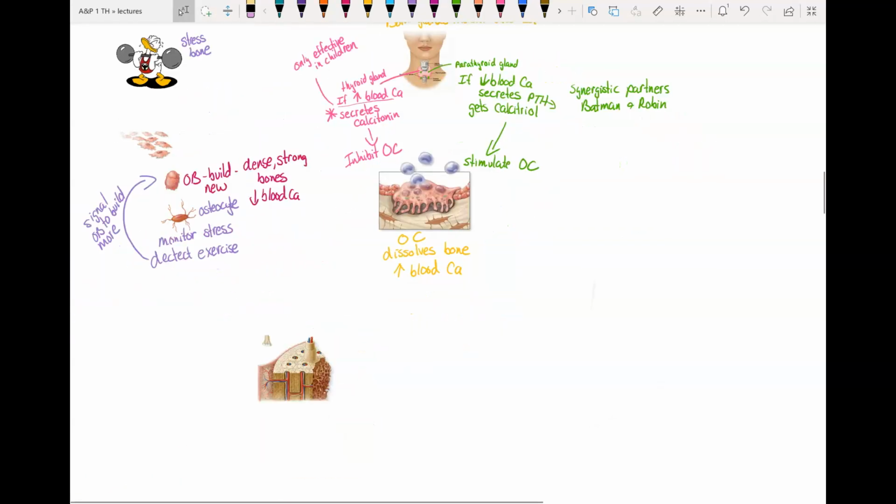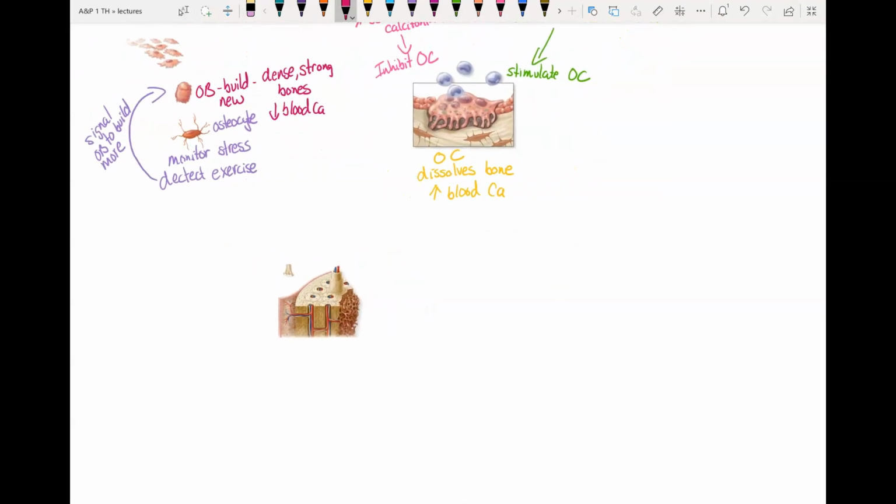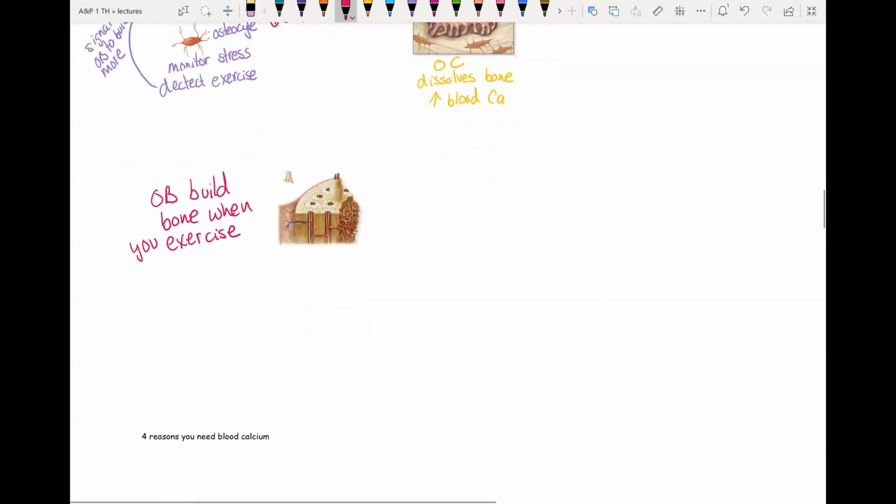So let's put all this together. Here is your bone. On the one hand, in response to exercise, you have osteoblasts build bone tissue. This makes your bones stronger, and it reduces your blood calcium because you're taking calcium from the blood to put into the bones.